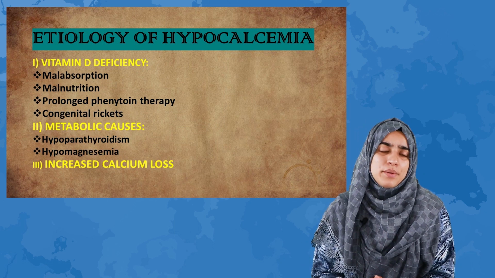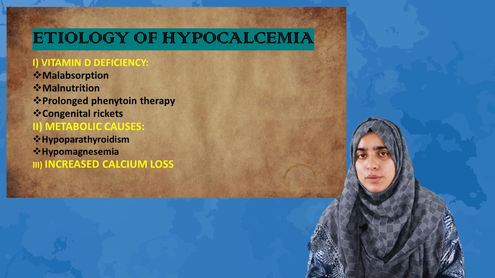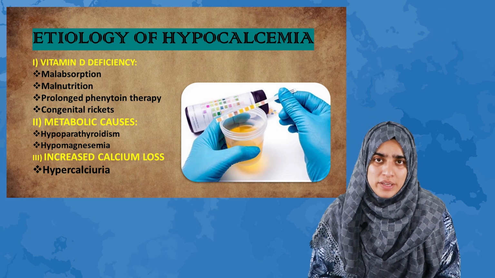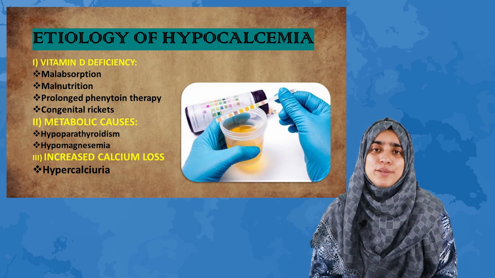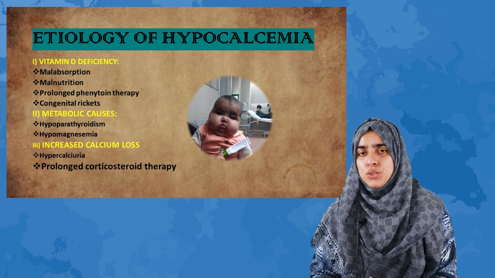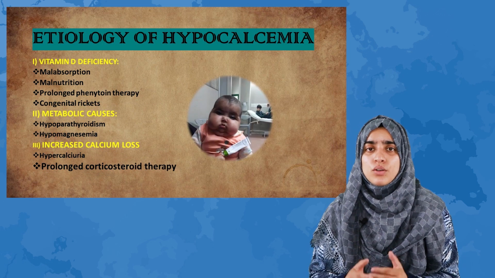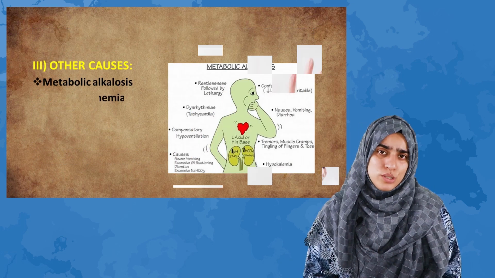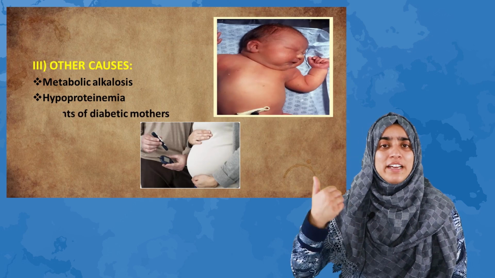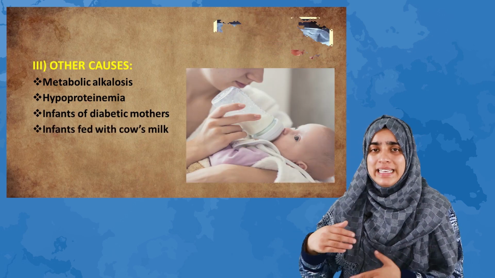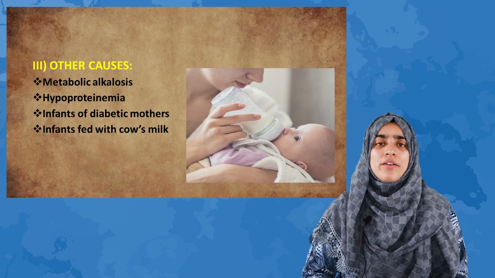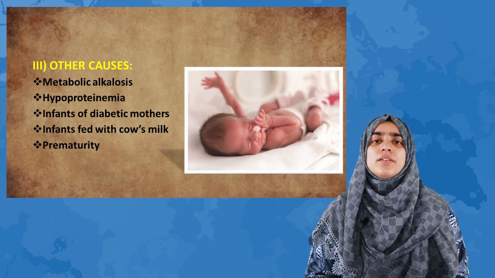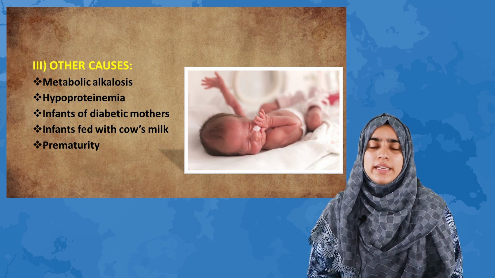Then the third cause is increased calcium loss from the body, which may be due to hypercalciuria, when there is excess loss of calcium through urine, or due to prolonged corticosteroid therapy. Other causes may be metabolic alkalosis, hypoproteinemia, infants of diabetic mothers. Then there is the possibility of infants who are fed with cow's milk. And yes, prematurity is a basic cause for these conditions.